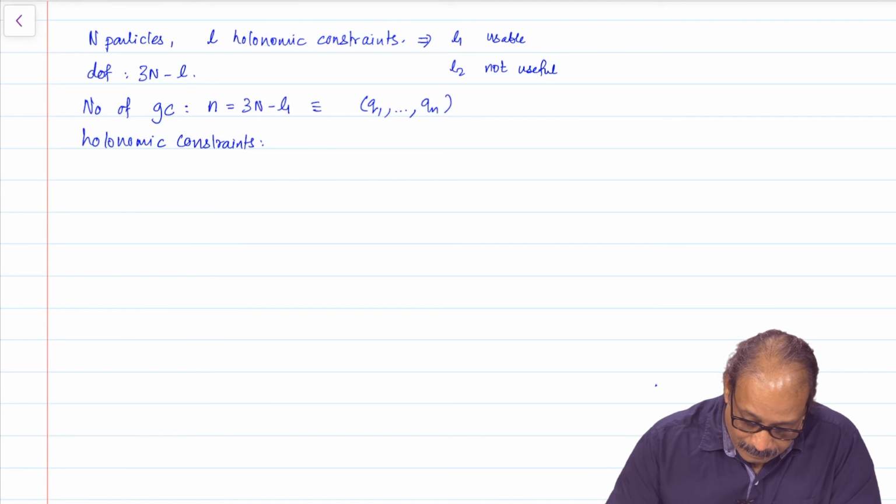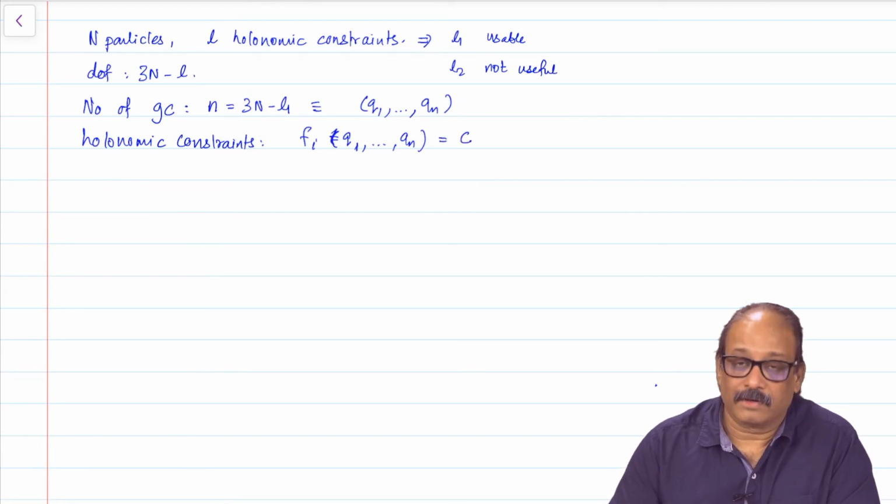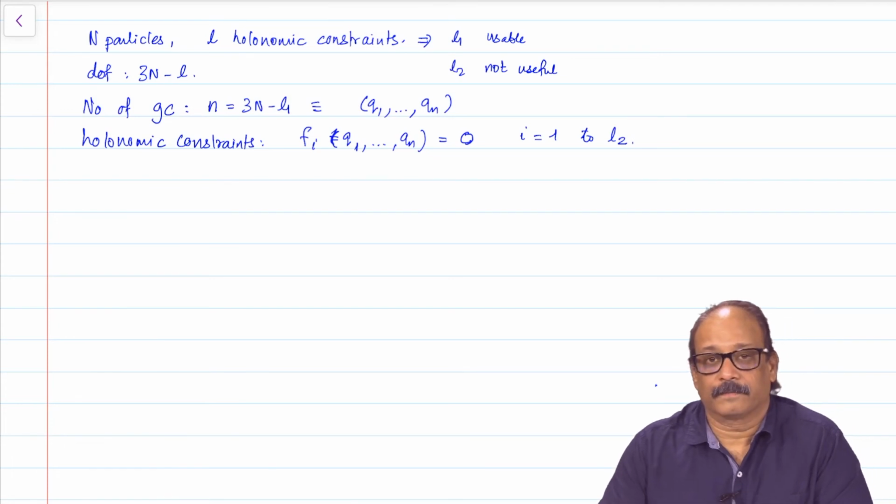They are written as Fi, which is a function of q, equal to 0, where i goes from 1 to L2.